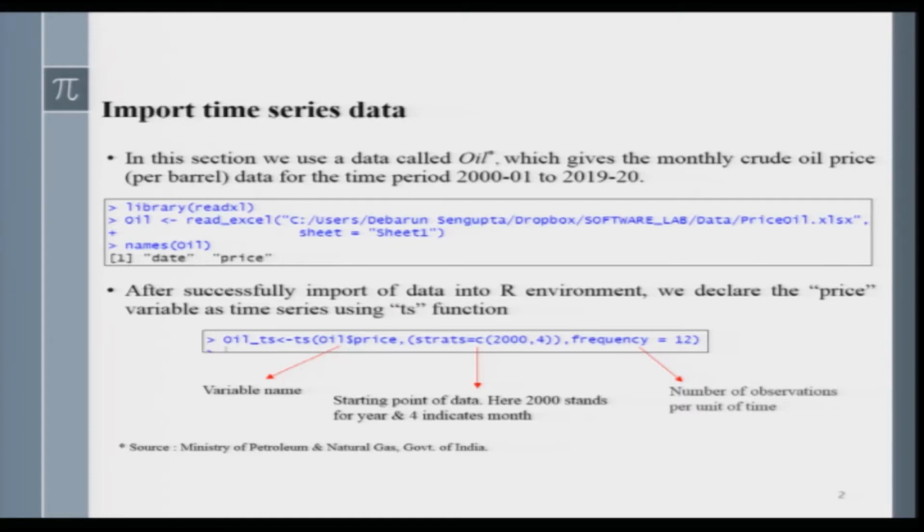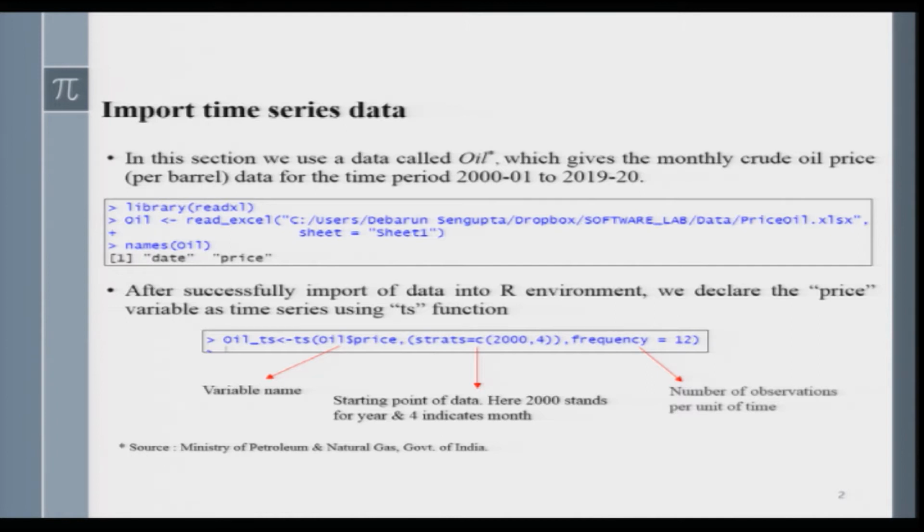If you remember, we have to make use of the readxl package, and that we have already installed. Here I am showing you the code that first checks whether in your machine you have that readxl package installed or not. You have to type the library command with readxl within brackets, and if it is there, then R will not object.